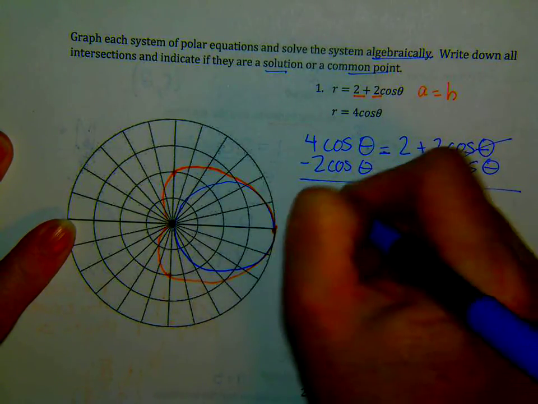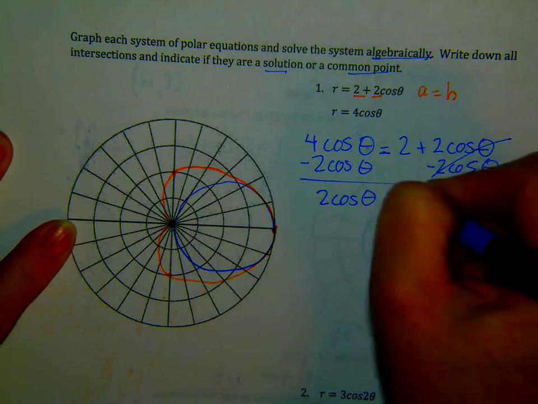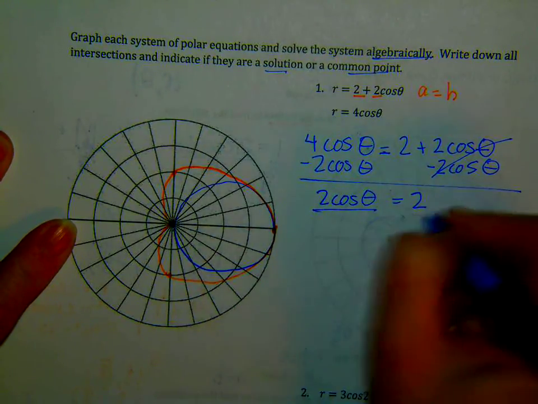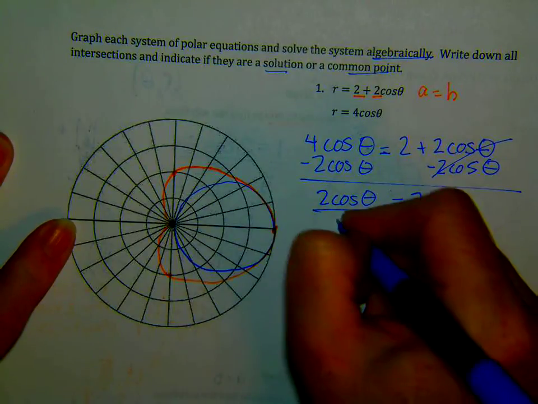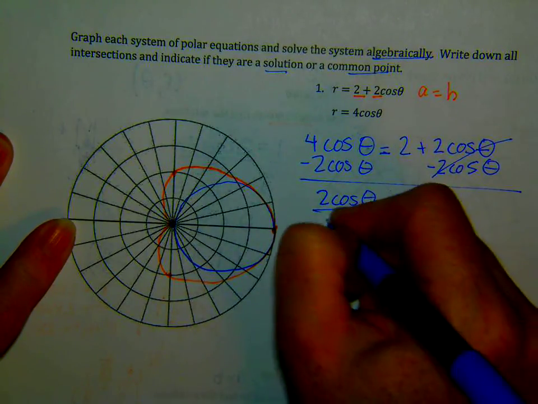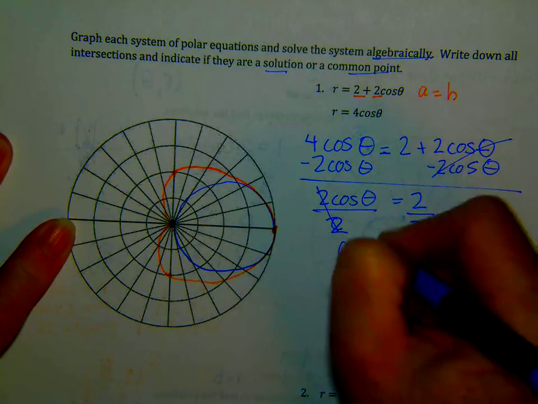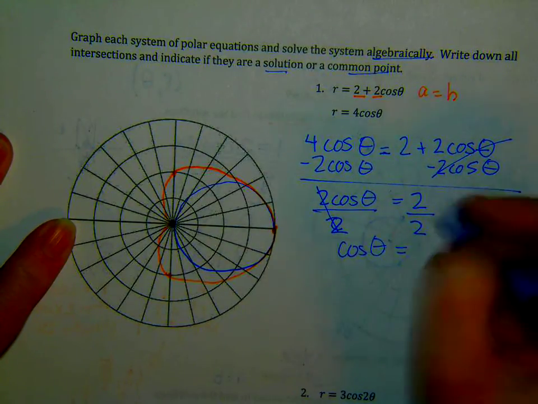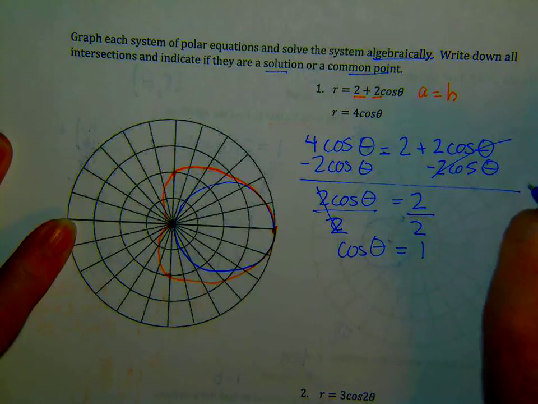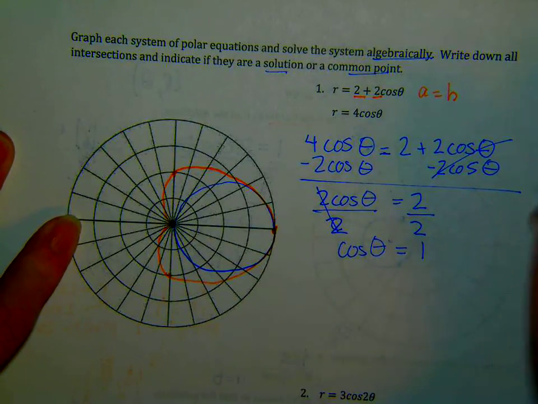Get 2 cosine theta equals 2. I want to get rid of the 2's, so I'm going to divide by 2, and I get cosine theta equals 1.